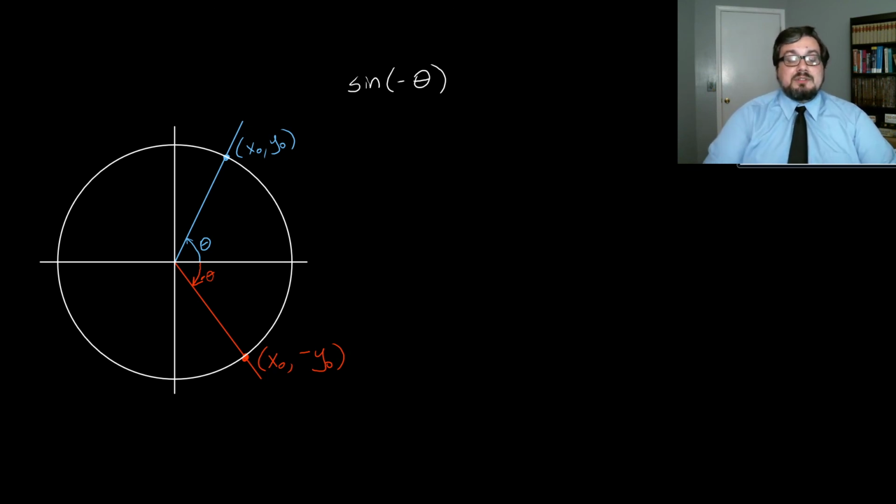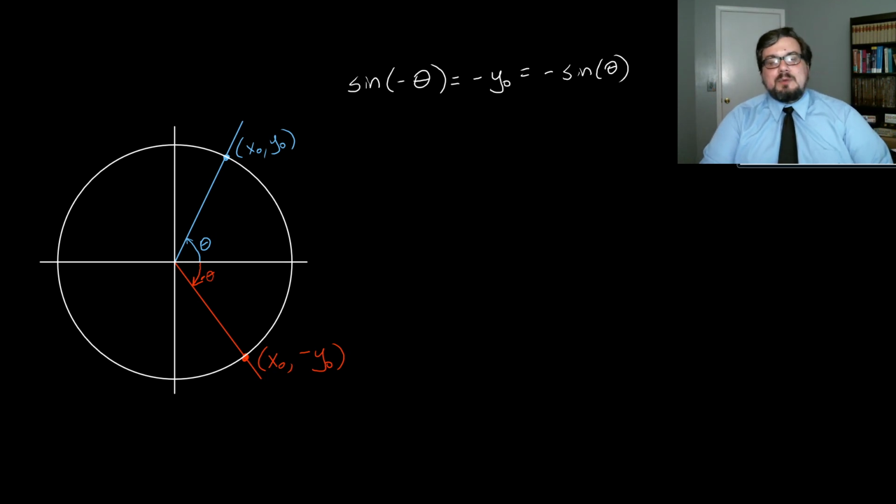And that is going to be encoded in what happens with the sine and cosine. We have that sine of negative theta will be equal to this negative y0, but y0 was sine of the original theta.